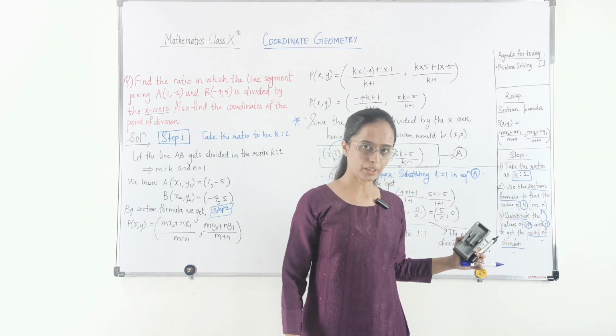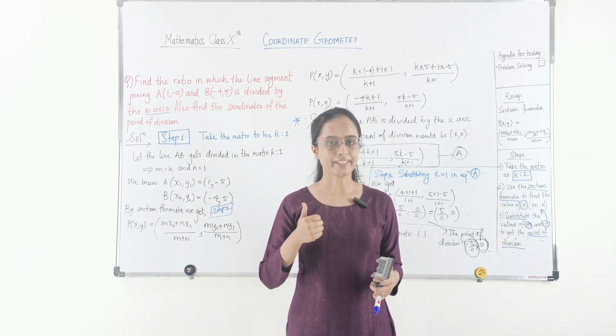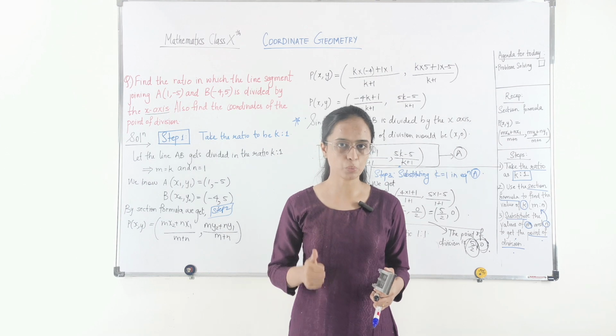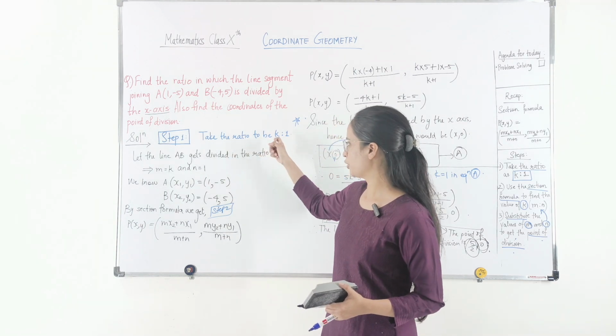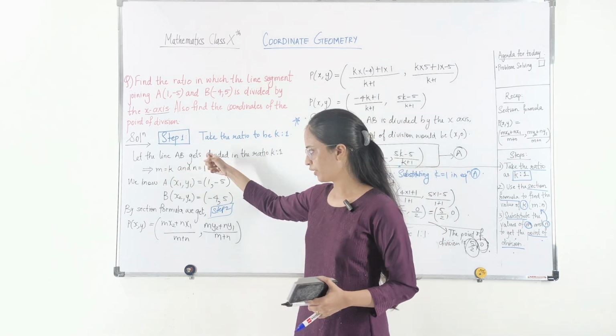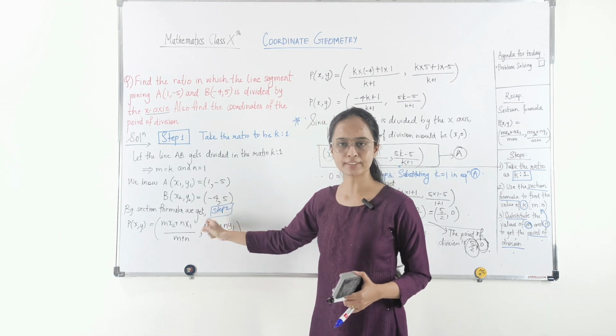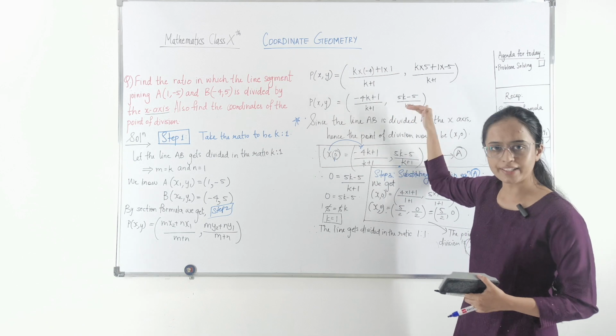We used the three-step approach, wherein first we calculated the value for k by considering the ratio to be k is to 1, where your m would be k and your n would be 1. You use the section formula, which is your step number 2. After using the section formula, you got something like this.